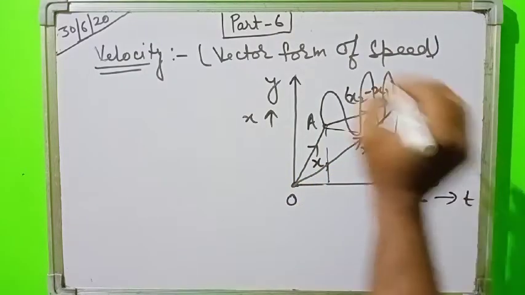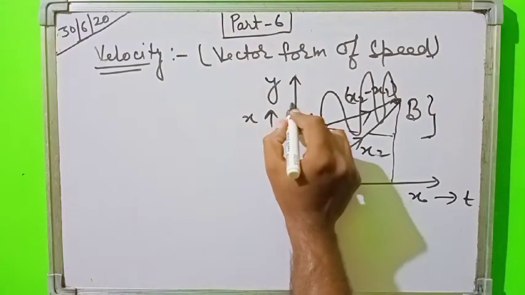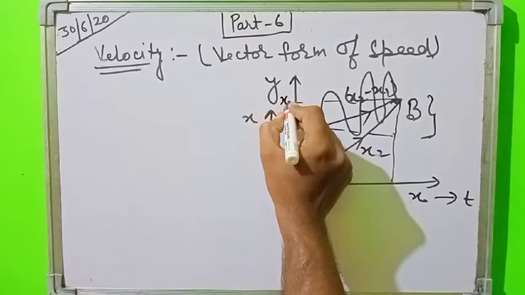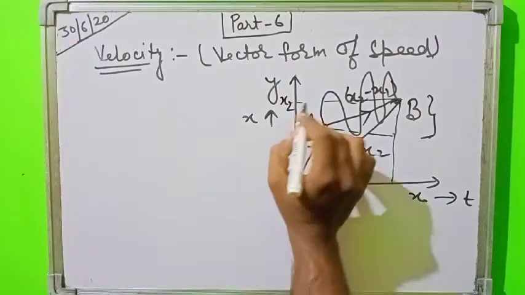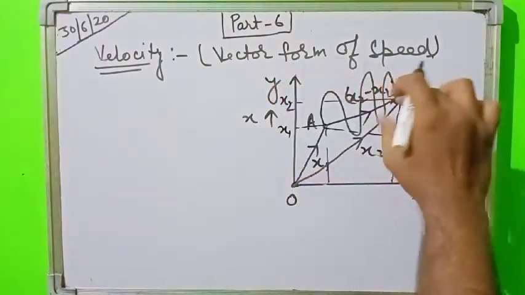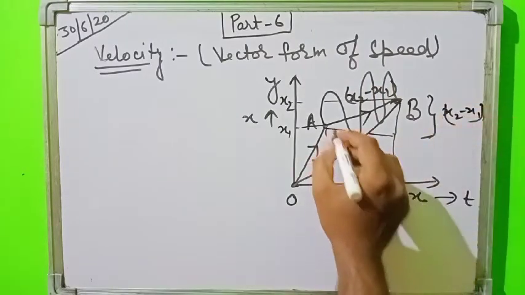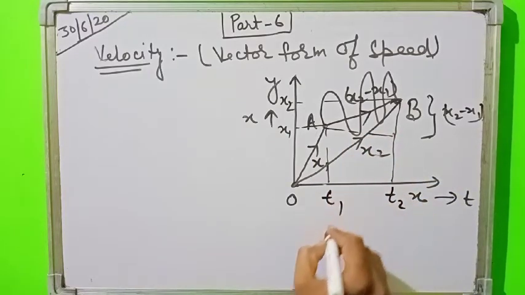On the time-displacement graph, on the y axis this displacement is x2 and this displacement is x1, then the difference is x2 minus x1, upon this time t2 and this time t1.